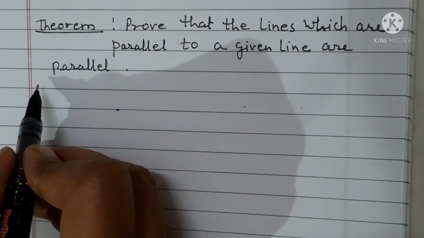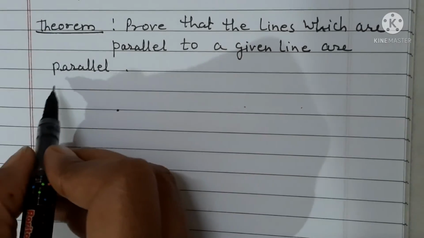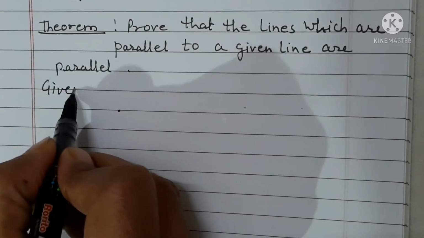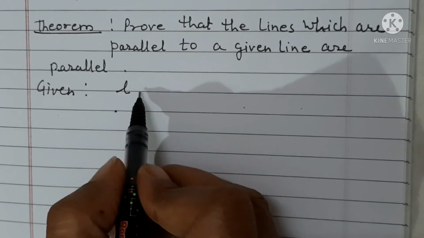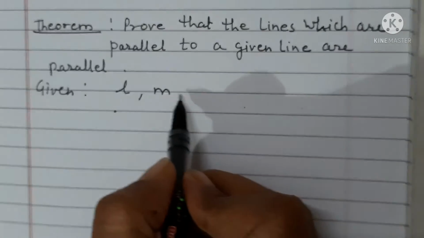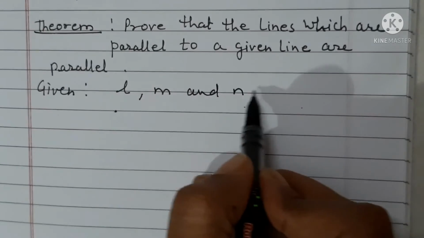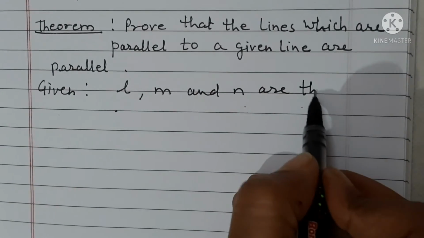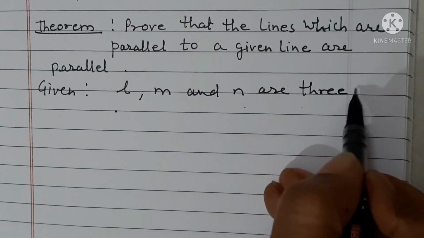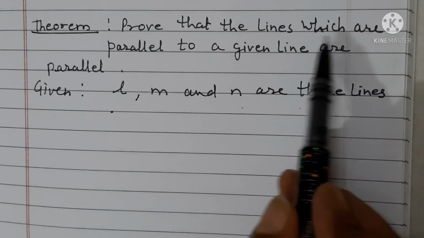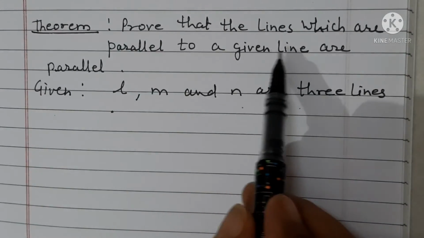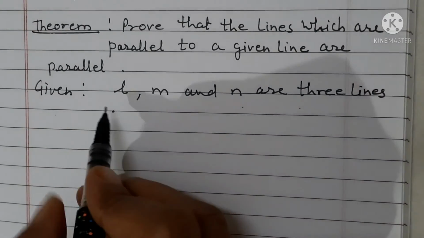Here we are given three lines, L, M and N, which are parallel to a given line.